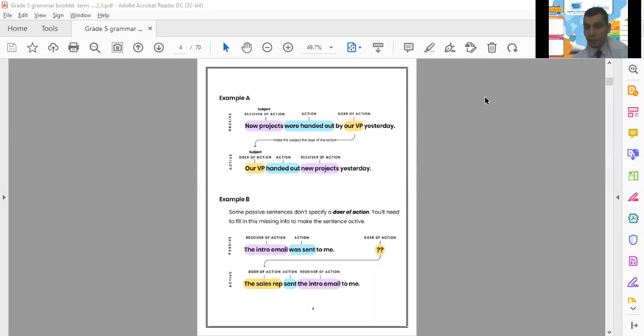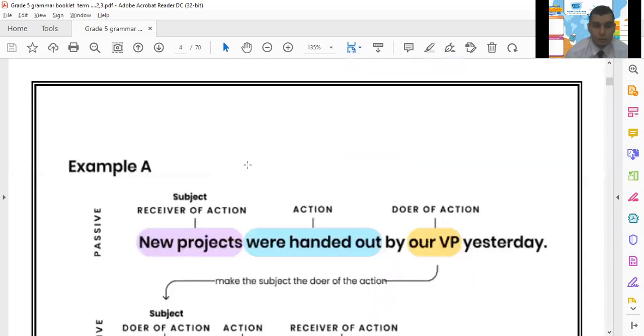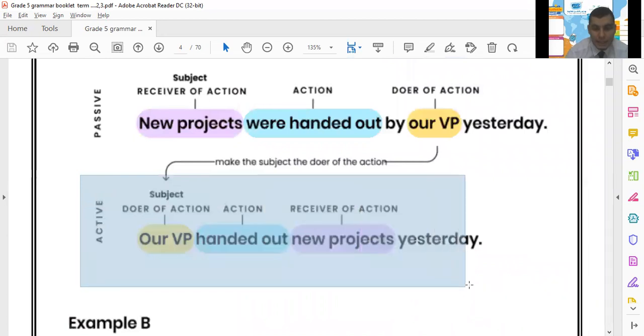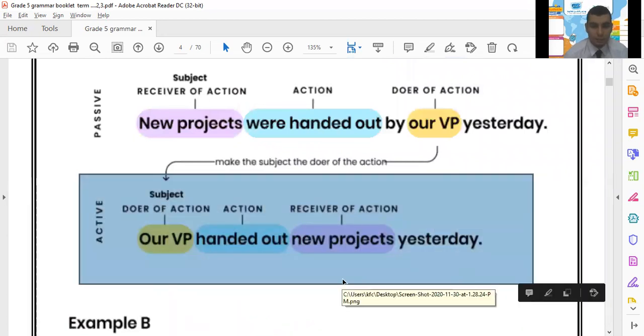Now let's have some examples. Whose turn was it? Yusuf. Hello, Yusuf. Can you start by reading this sentence, please?